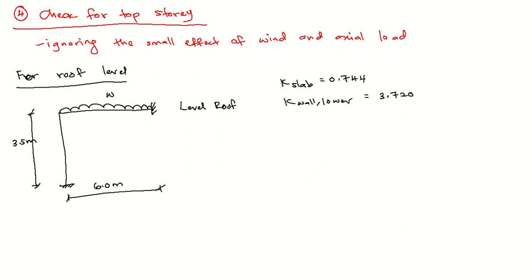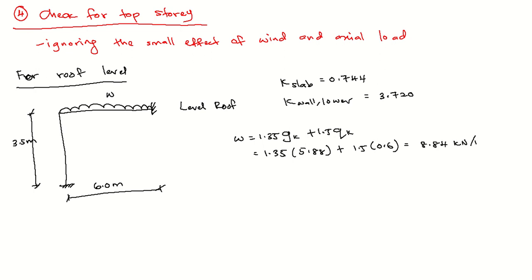Now we want to figure out what is the W. W equals 1.35 GK plus 1.5 QK, using the GK and QK for the roof, the ones I showed you earlier: 1.35 times 5.88 plus 1.5 times 0.6 equals 8.85 kilonewton per meter square.